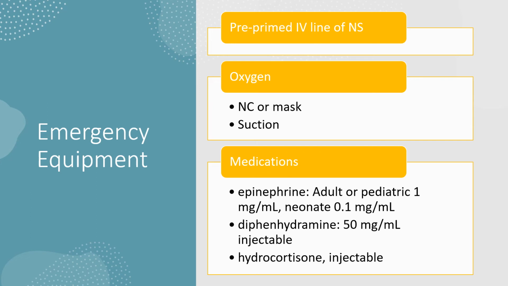Some emergency medications may include diphenhydramine if the patient is showing any allergic reaction. Dimenhydrinate for any nausea or vomiting, diphenhydramine for any allergic reaction, hydrocortisone or epinephrine for any life-threatening conditions.